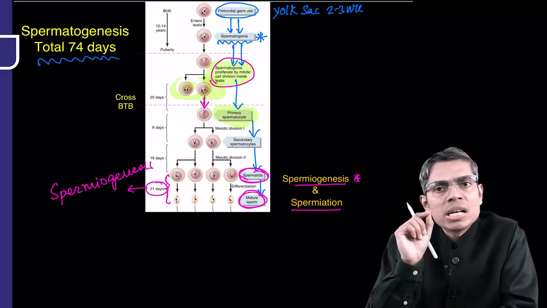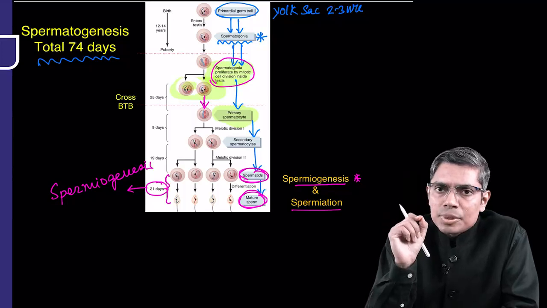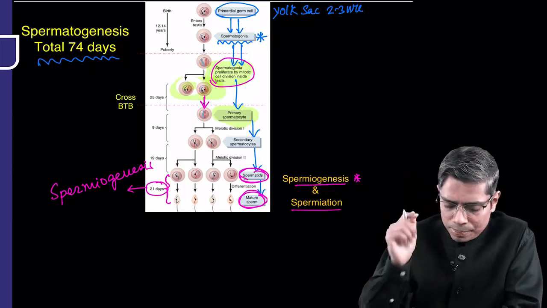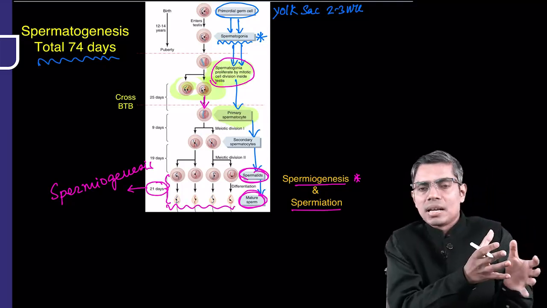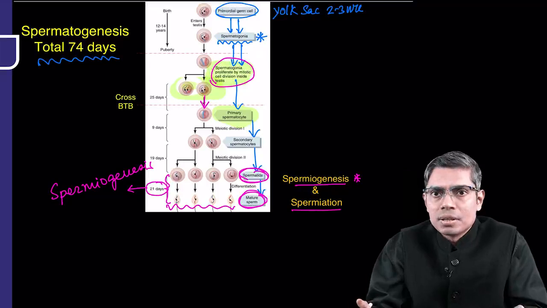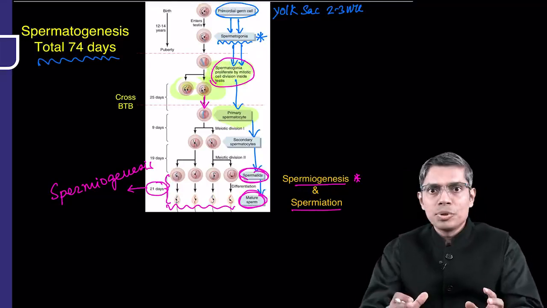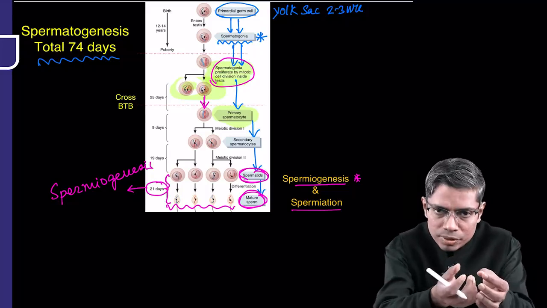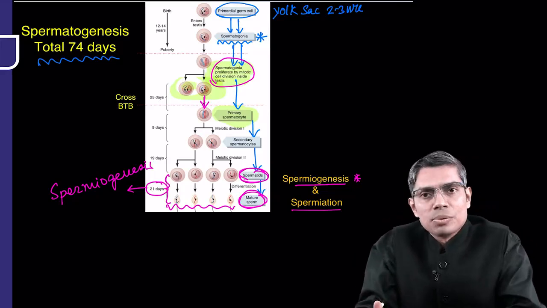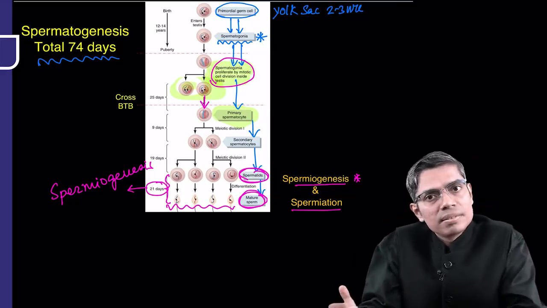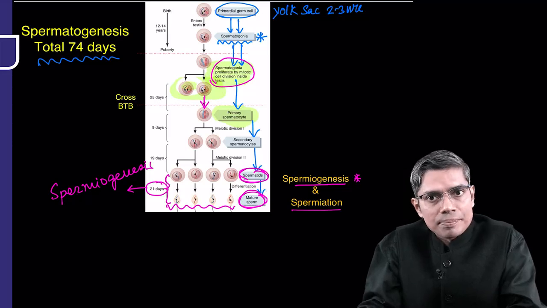Now I told you that even after formation of the mature sperm, the cells will remain attached with the mother cell. And who is the mother cell? Sertoli cell. So you have to release the mature sperm from the Sertoli cell, and then only the sperm will be able to start its journey towards the vagina, right?